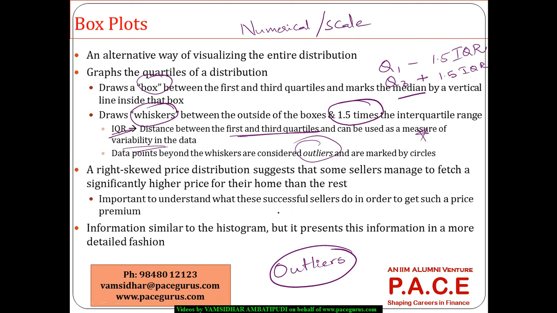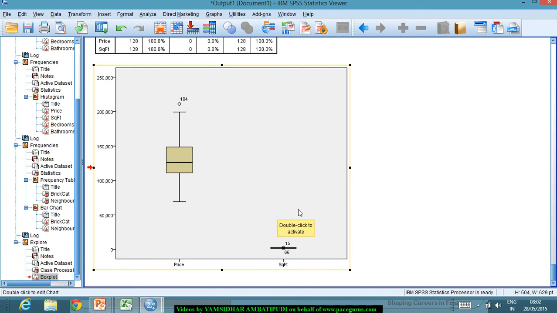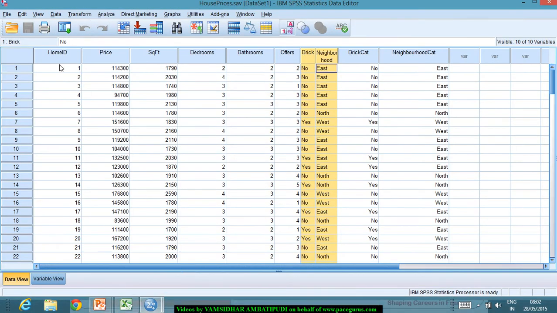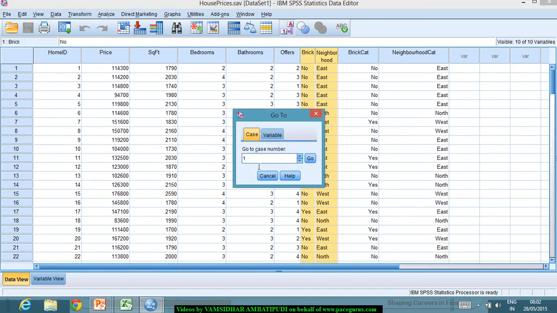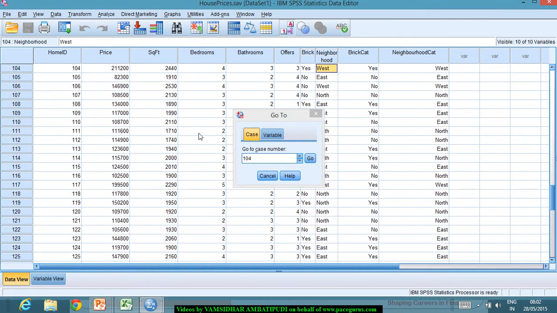Right? So the box plot here is clearly telling me that record number 104 is an outlier in this data. I can go back to the data and look at case number 104.